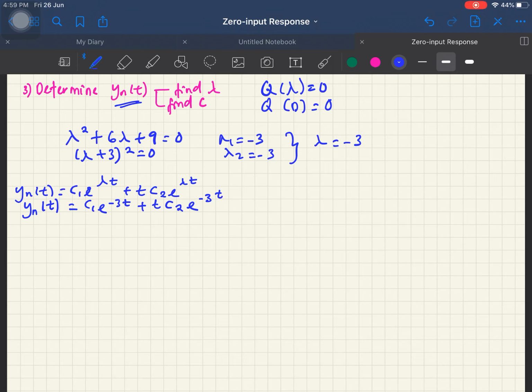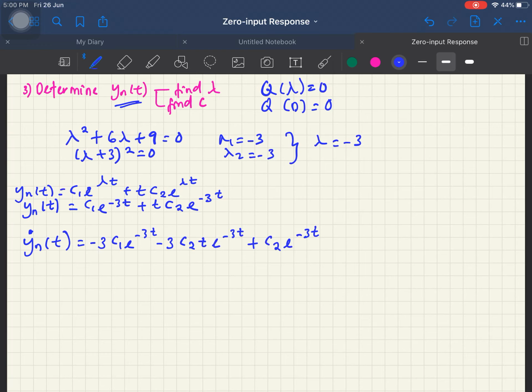Since we have two unknowns, C1 and C2, we need two equations. So let's differentiate this yn(t) in order to get yn dot of t. So it will be minus 3 C1 e to the minus 3t minus 3 C2 t e to the minus 3t plus C2 e to the minus 3t.